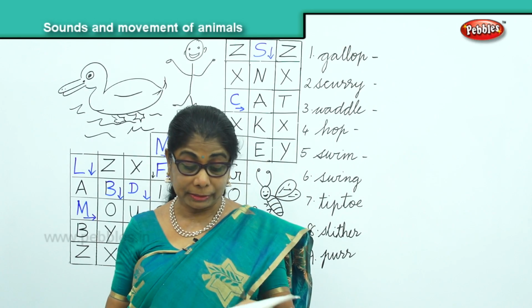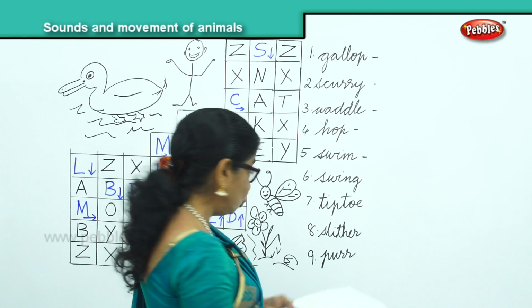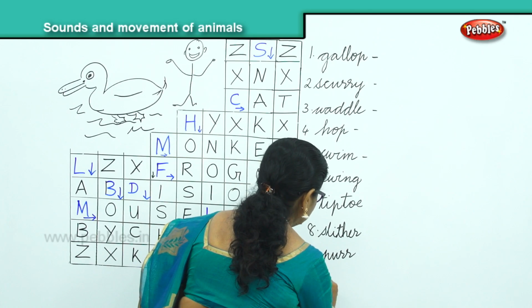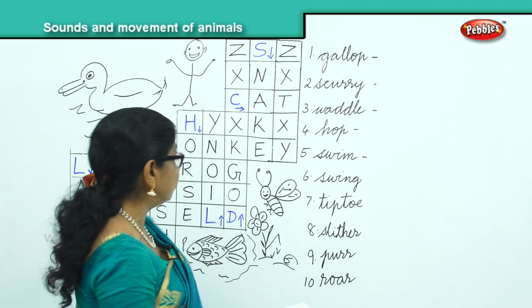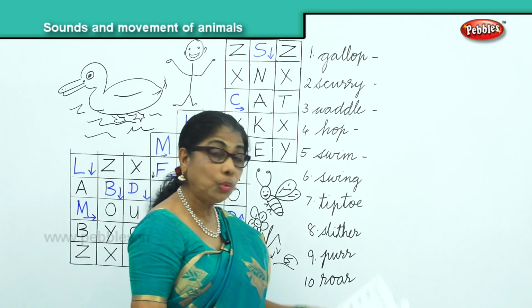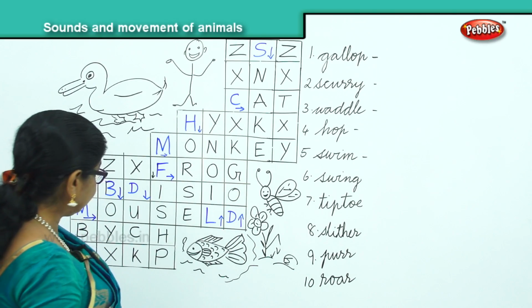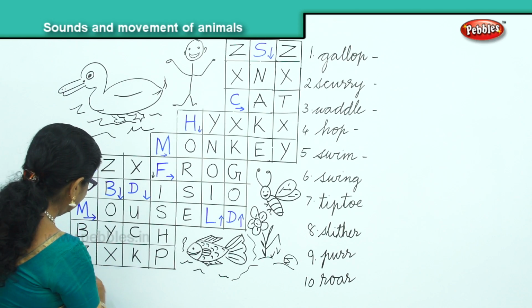Purr, purr. Then find out who rows. Who's that person who rows? And then who bleats? Who bleats?